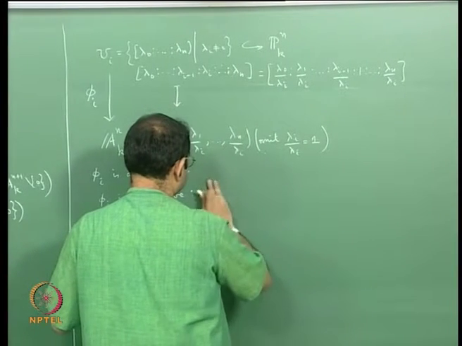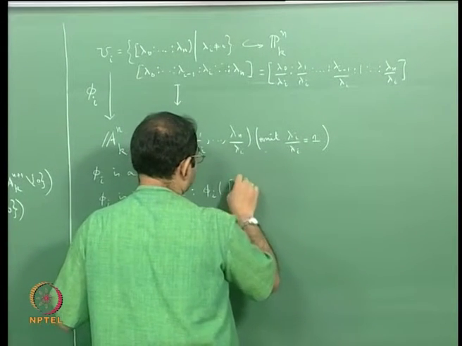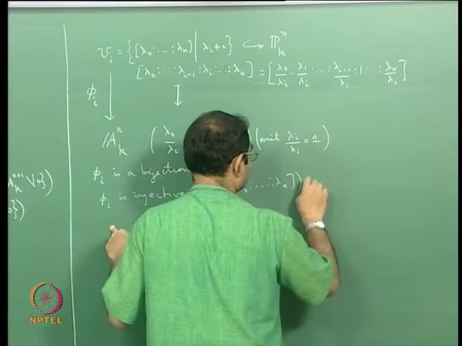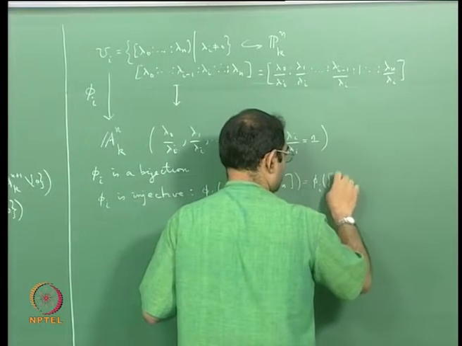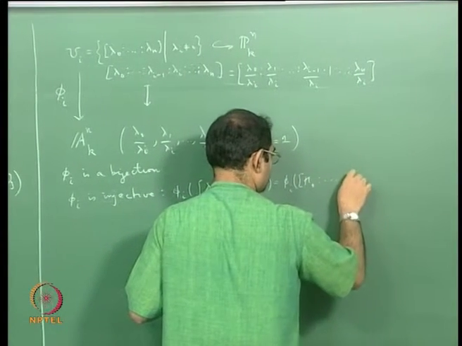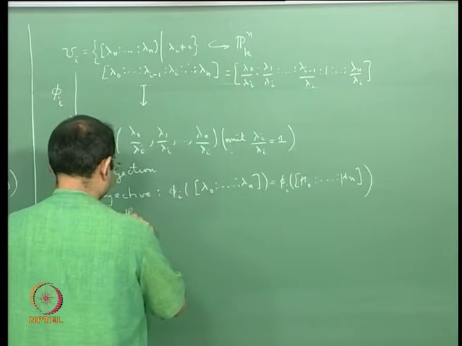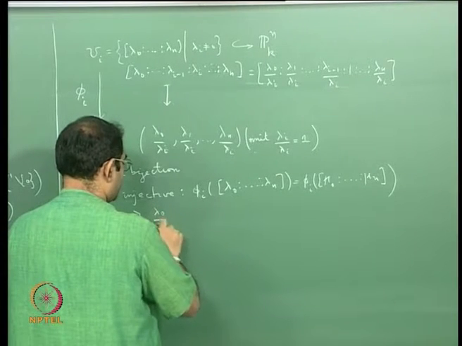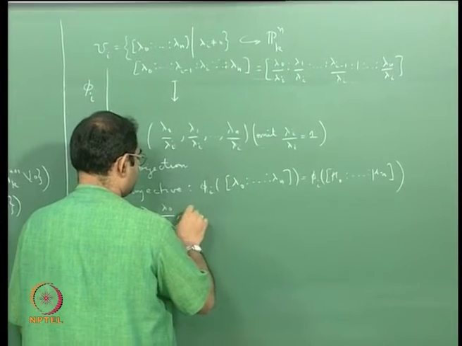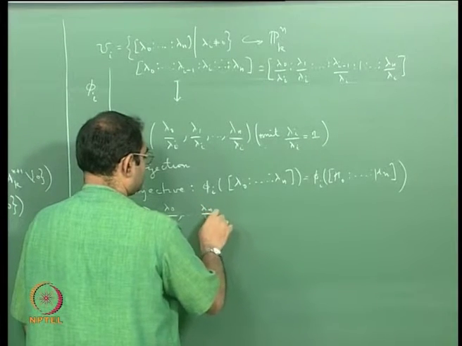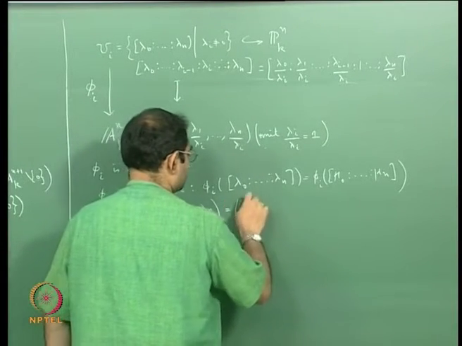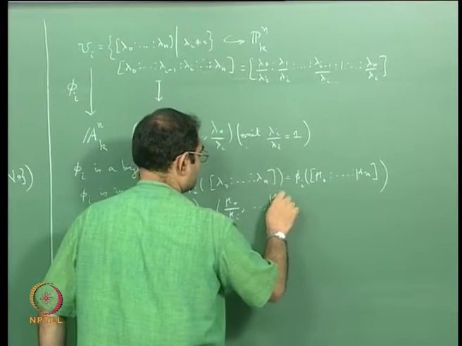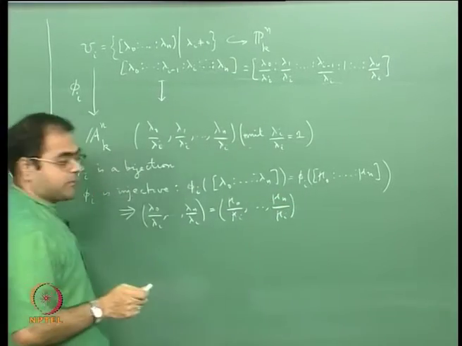If phi i of a given point lambda naught through lambda n is equal to phi i of another point mu naught through mu n, then this will imply that lambda naught by lambda i, etc., lambda n by lambda i is the same as mu naught by mu i, and so on, up to mu n by mu i.